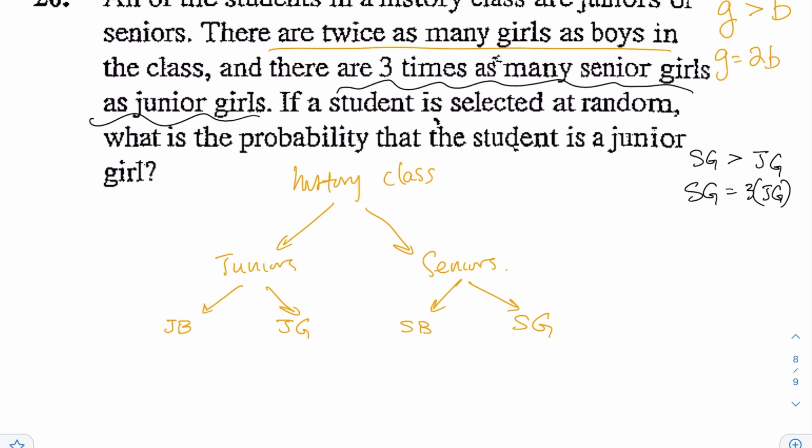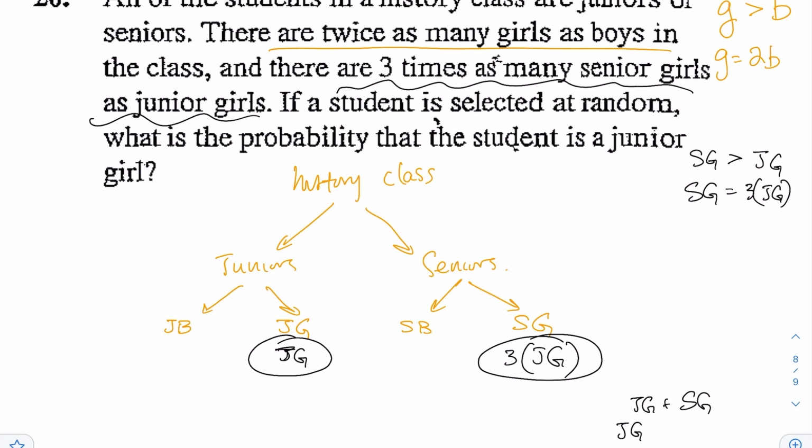So you can just substitute everything here. Senior girls, SG, would be 3 times junior girls. Now, there's 2 times as many girls as boys. So if you add the number of girls, junior girls plus senior girls, which is JG plus 3 times JG, that is 4 JG.